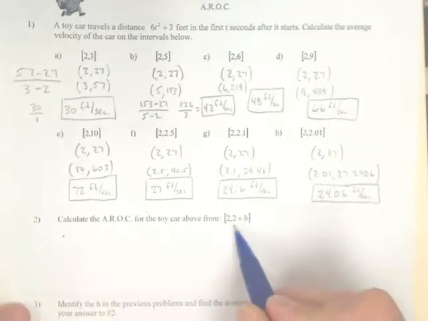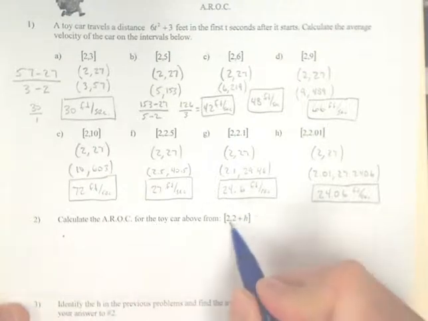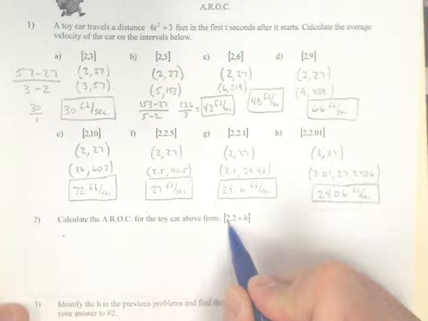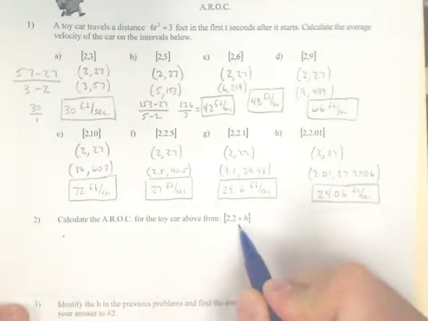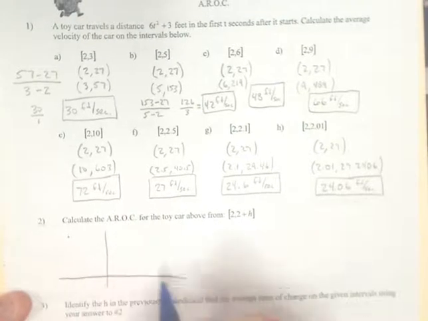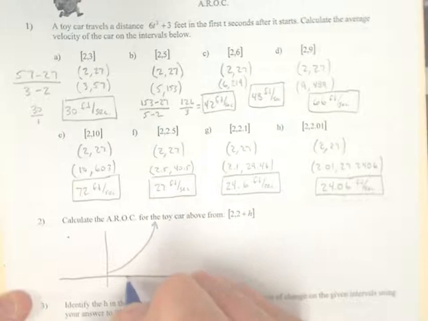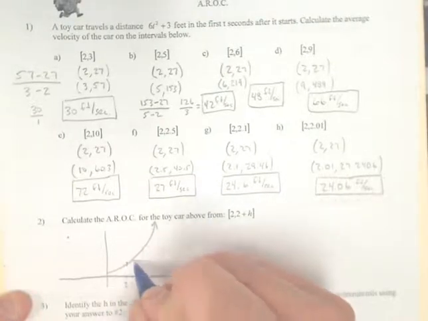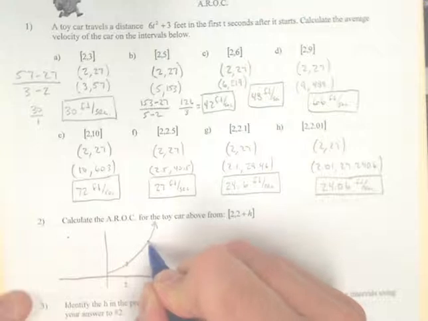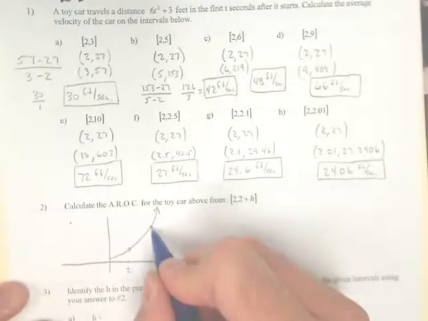What this says is this: calculate the average rate of change for the toy car from the second to any second past 2, which looks like 2 plus h, which is weird. For example, if I draw my own graph, we have our parabola. (2, 27) is right here. If you pick any point beyond 2, I'll make a dot. I didn't label the x-axis, so that can be anything I want.